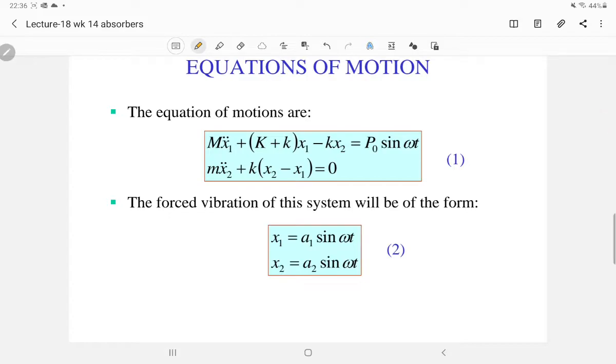So if we actually model the system just now, you can rewrite the equations as in equation 1, because you are writing it for the machine as well as the absorber. The second equation is for the absorber, and the forced vibration of the system will be in this form.